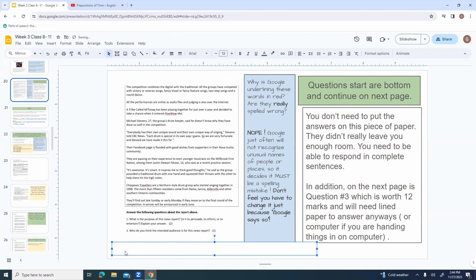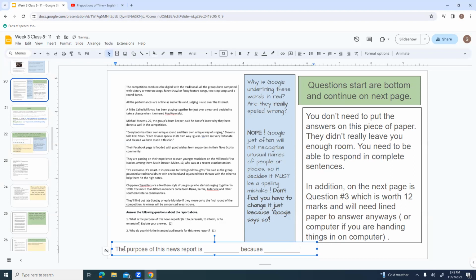Okay, so restate, what is the purpose of this news report? The purpose of this news report is, so what is it? Is it to persuade, to inform, or to entertain? You'll have to decide for yourself. Think about news reports and what the usual purpose of a news report is. And then it says explain your answer. That usually means you're going to write the word because, and then give me your reason.